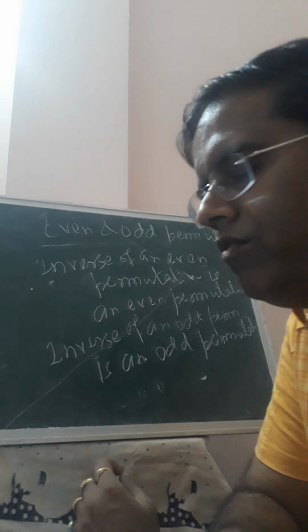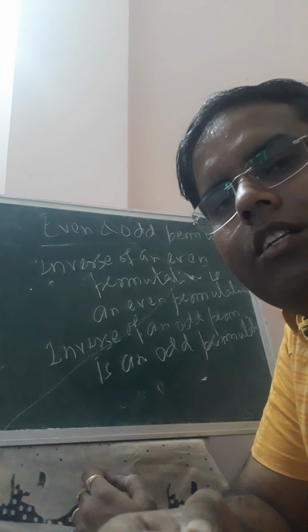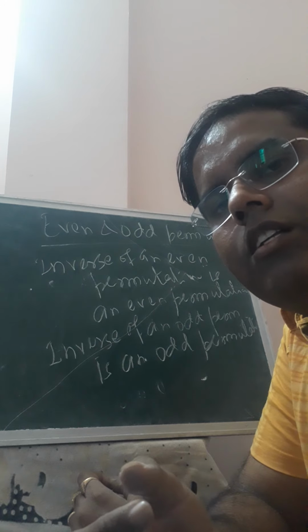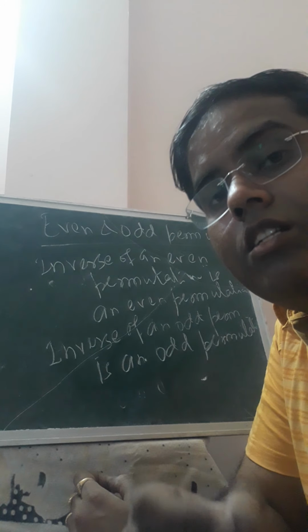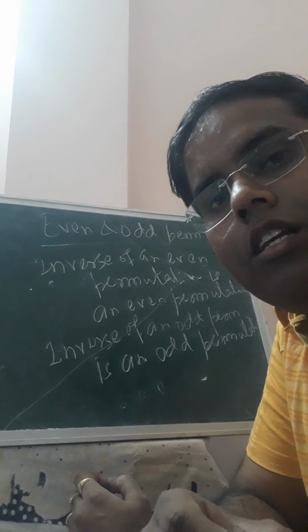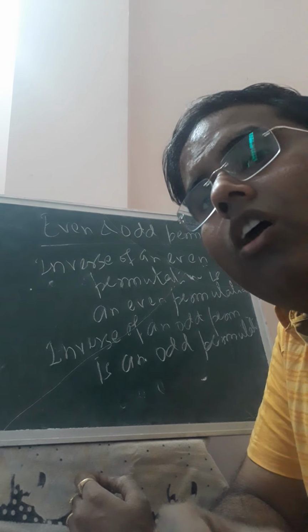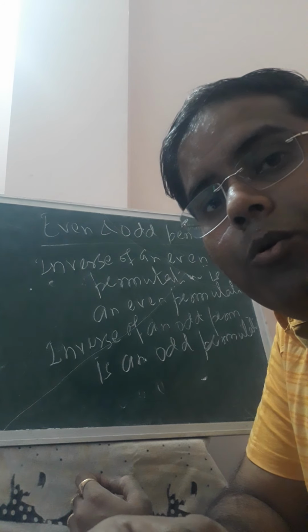So the inverse of an even permutation is an even permutation, and the inverse of an odd permutation is an odd permutation. We know that a permutation is either even or odd, not both.